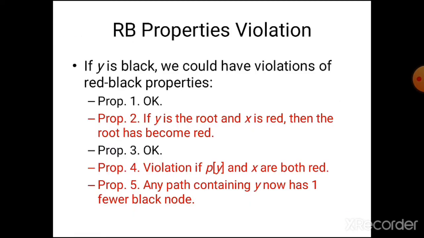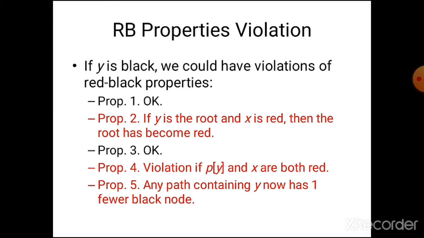Then what are the red-black property violations? Suppose y is black, the node we need to delete is y, then that node is black color, and it would cause a violation of the red-black properties.